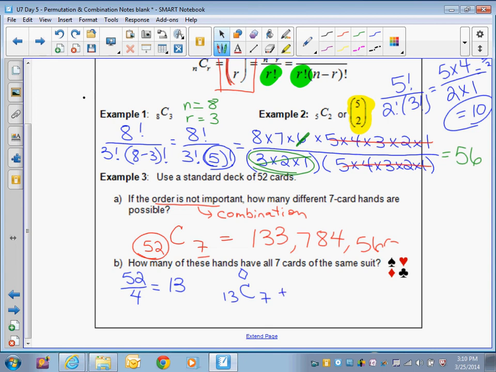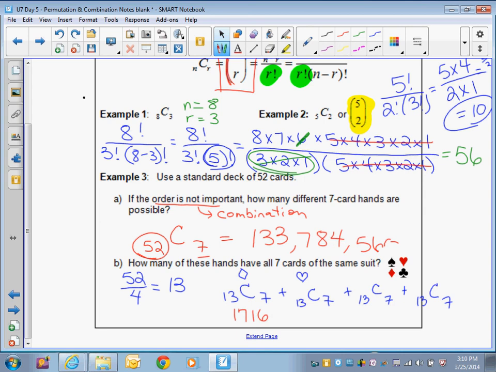We're going to add that to the number of heart hands we can have. And then we have 3 more. We have spades and clubs, that's what you call them. So if we have 13 choose 7, we get 1,716.